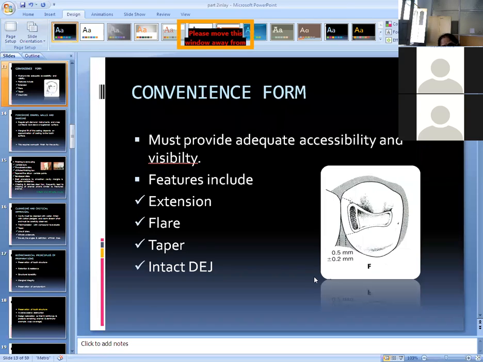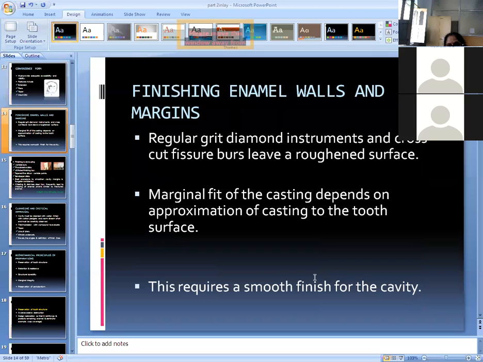Once you have removed the caries, then in spite of all these rules, convenience of handling, accessibility and visibility is important. In that convenience form, you can modify your extension, flare, taper and divergence. Sometimes, if required, you can vary the measurements by 0.1 or 0.2. That is the convenience form.